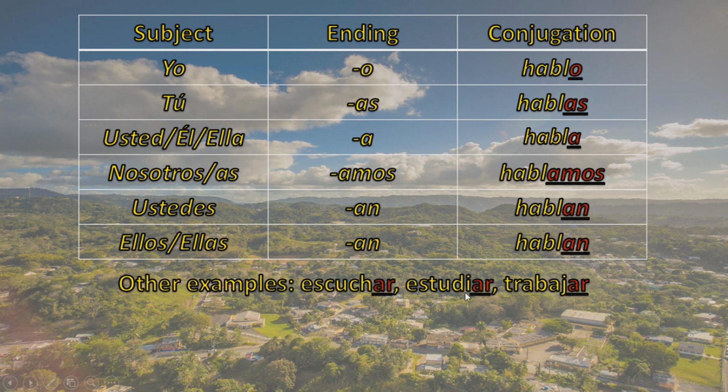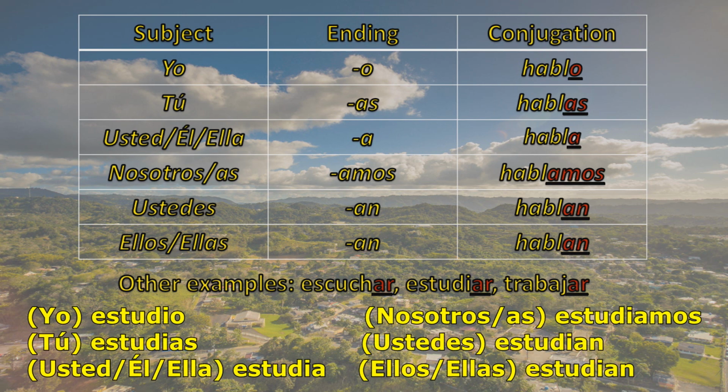The rule remains. So I remove these two letters, AR, and I say, yo estudio, tú estudias, usted estudia, él estudia, ella estudia, nosotros estudiamos, or nosotras estudiamos, ustedes estudian, ellos estudian, ellas estudian.